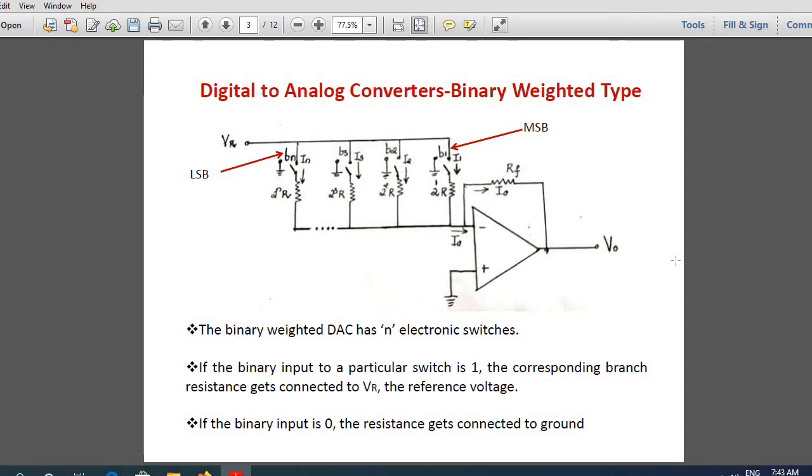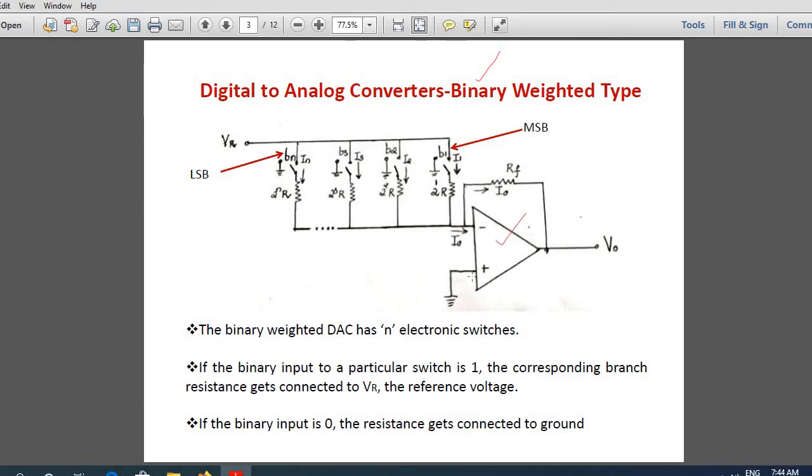The first digital to analog converter is your binary weighted type. Now let us see what is a binary weighted DAC. I hope you know that this is an op-amp.